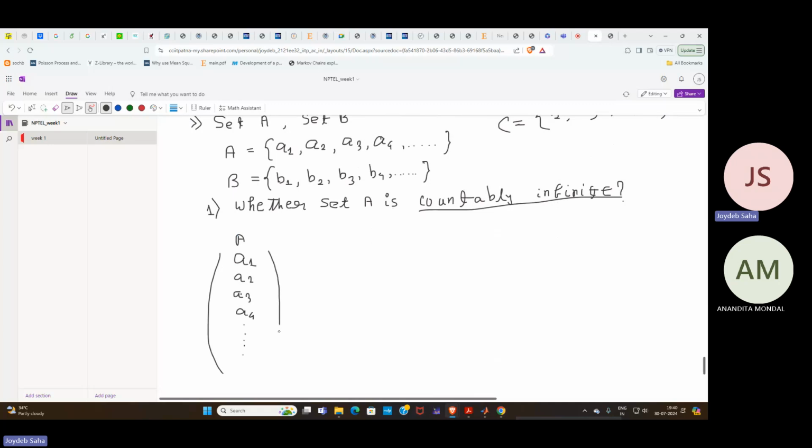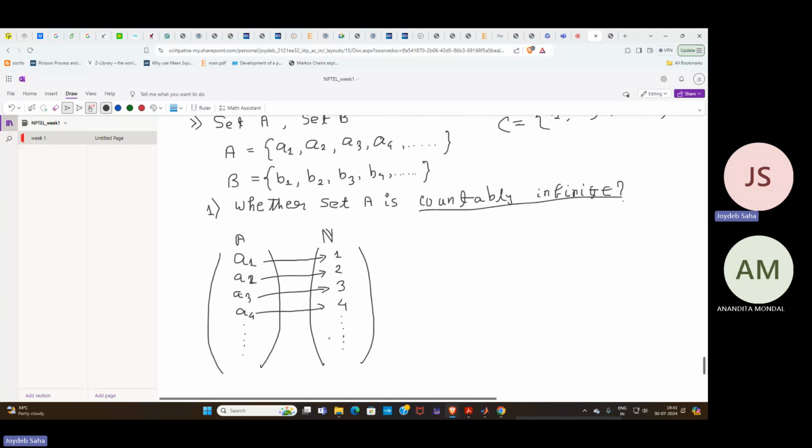And so on. Now, four and so on. So there is a mapping, like A1 is mapped with 1, A2 is mapped with 2, A3 is mapped with 3, A4 is mapped with 4.